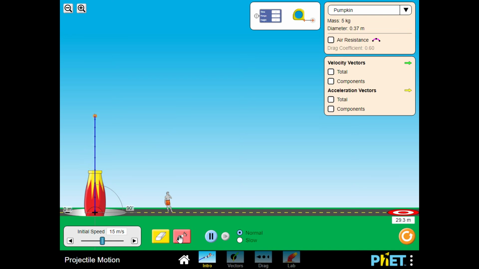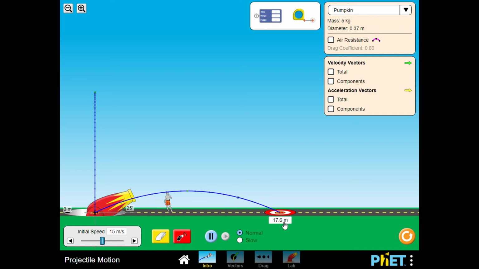For the vertical projection, here is the height, the y, and this is the x, horizontal, and vertical y, and it can be projected in different directions, at different angles. And here at landing, the horizontal displacement, or the range, is nearly 17.6 meters.